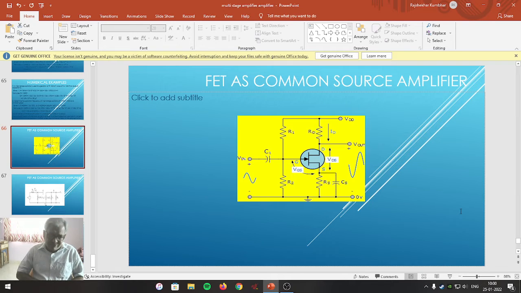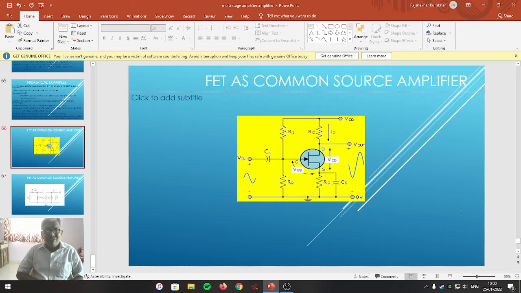One is N channel FET and the second one is P channel FET. In N channel FET, electrons are the majority charge carriers. That means in N channel FET, the channel is of N type and current is conducted only by means of electrons. In P channel FET, current is conducted only by means of holes because the channel is of P type.